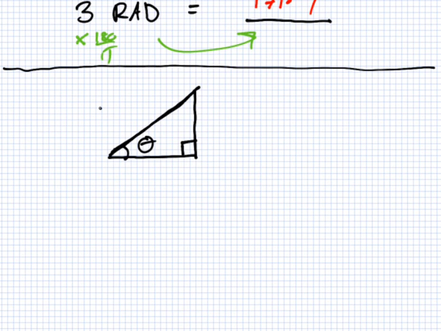Now, let's say the radius here is 10 meters. How big is this? 20 meters. Very good. So in 1 second, how far has it traveled? It moved 20 meters in 1 second.